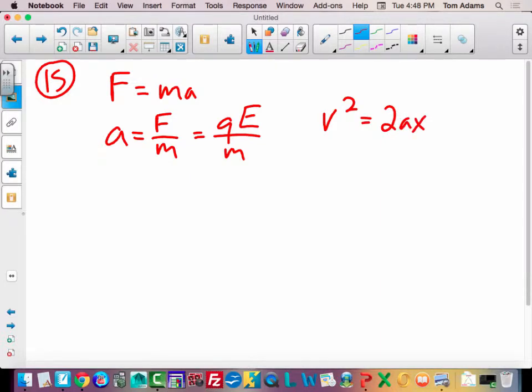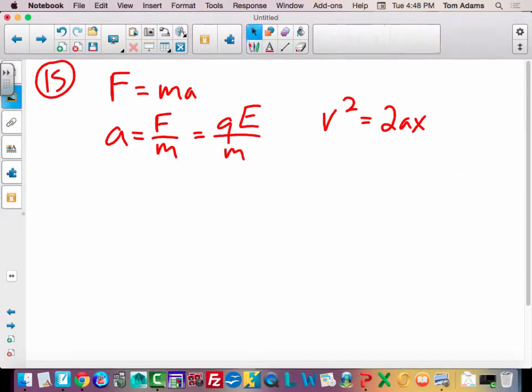Let's list some of the things that we know. We know that x was equal to 0.10 centimeters, which translates to 0.001 meters. Let's list some other stuff too. It was an electron, so the charge q. Actually, I'm going to write this down underneath so I have a little more room.